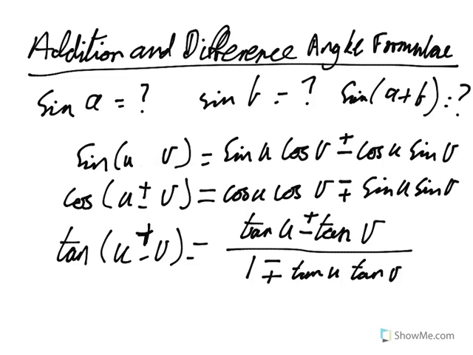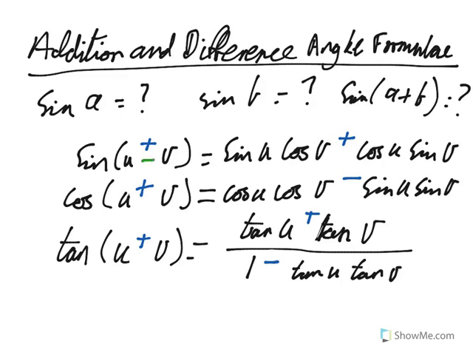Alright, so what I'm going to do is rub those out and highlight those a little bit differently. For u plus v, we've got a plus there, u plus v, we have a minus here, u plus v, we have a plus here and a minus here.